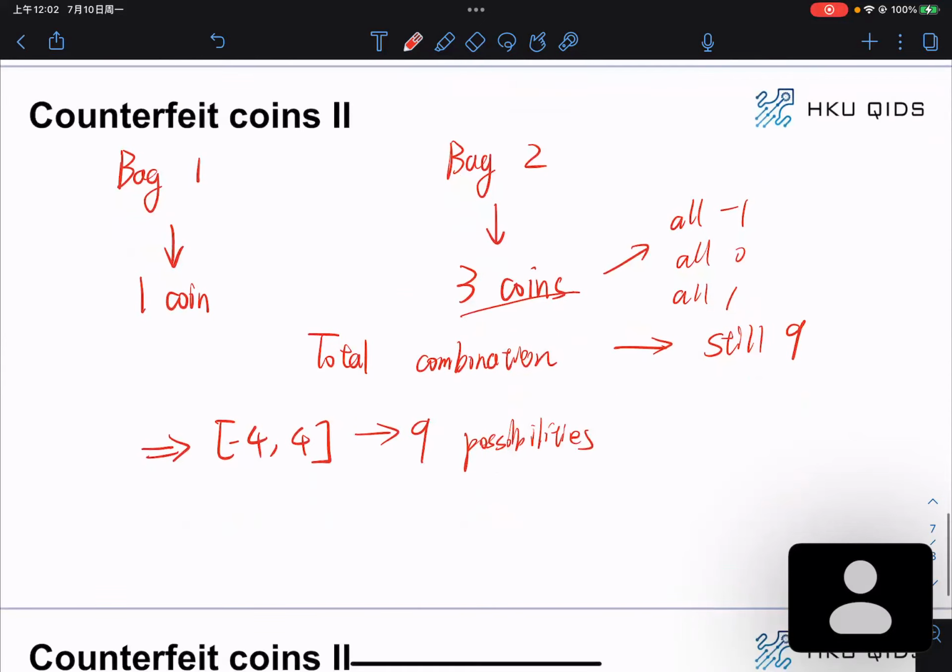Now we use the pigeonhole framework. We got the holes, which is 9, equal to n.